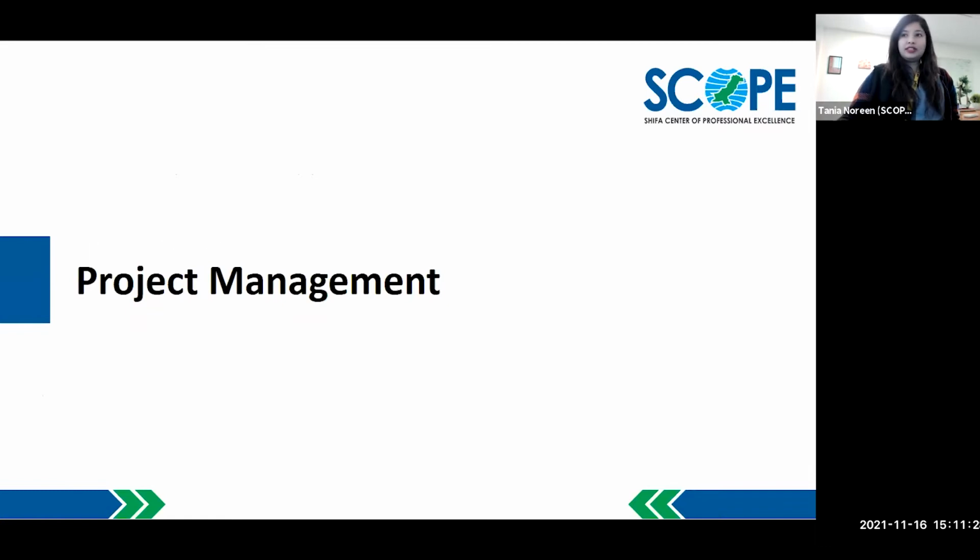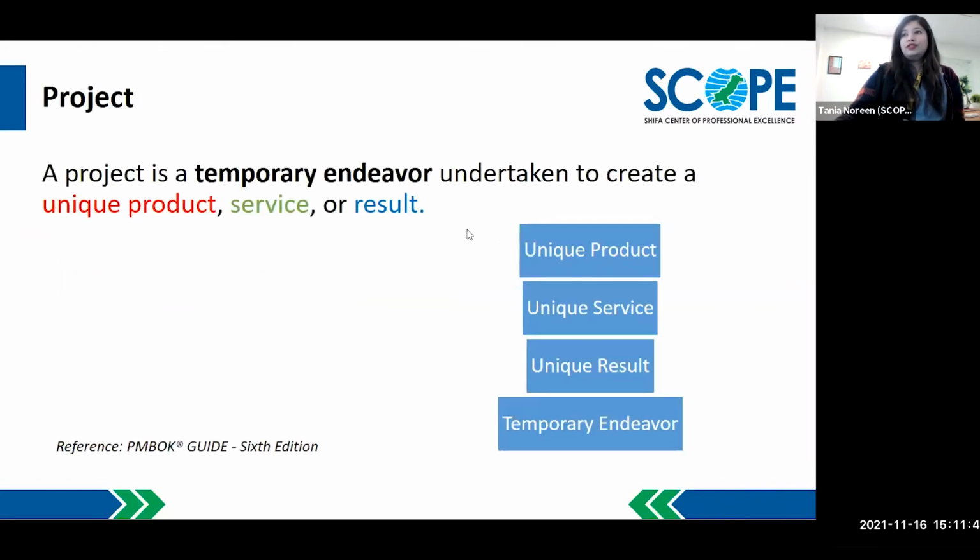So let's study project management. First, let's see what a project is. A project is a temporary endeavor undertaken to create a unique product, service, or result.